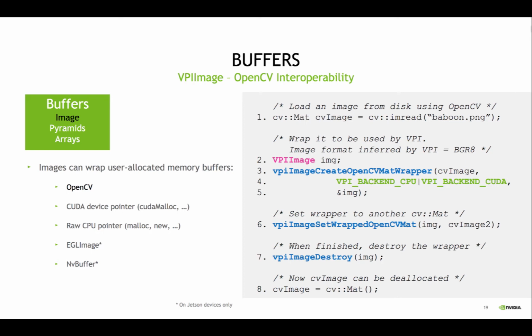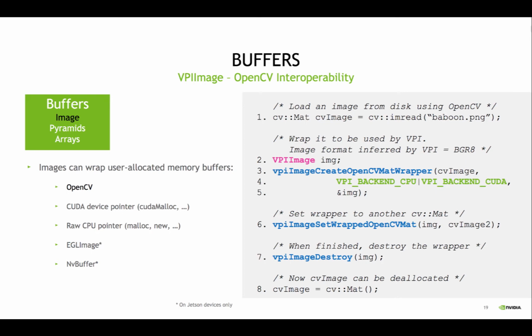Line 1 loads an image from disk and stores it in the cv::Mat. Then, on line 3, we pass it as the first parameter to the vpiImageCreateOpenCVMatWrapper function. Then, we pass the backends that are going to use it. And finally, the variable that stores the created VPI image handle. From there on, the VPI image can be used as any other image.